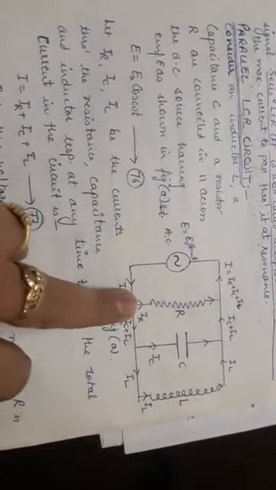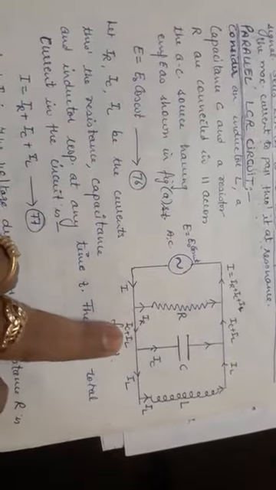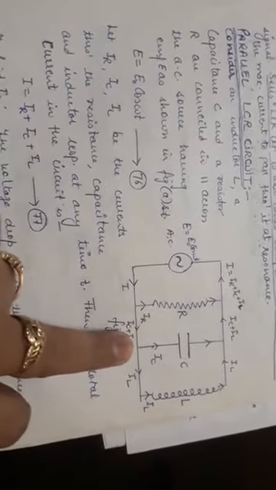Now this voltage source sends a current I which gets divided. A part of it, IR, flows through the resistance and the rest, IC plus IL, flows in the forward direction.